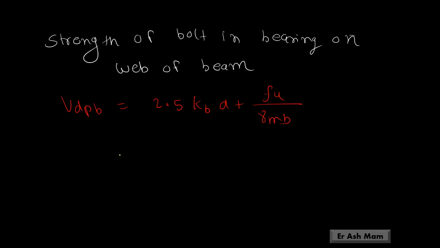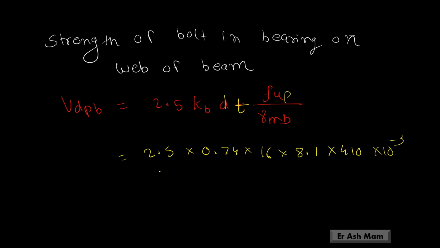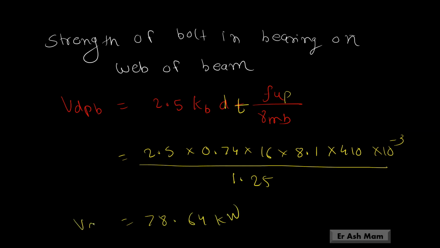Substitute all values. 2.5 as it is, kb is minimum, that is 0.74. Diameter is 16, into thickness, the minimum thickness 8.1, into ultimate strength of plate 410. For kilonewton, you can multiply by 10 raised to minus 3, upon factor of safety of bolt material 1.25, which is equal to 78.64 kilonewton. Strength of bolt in bearing.